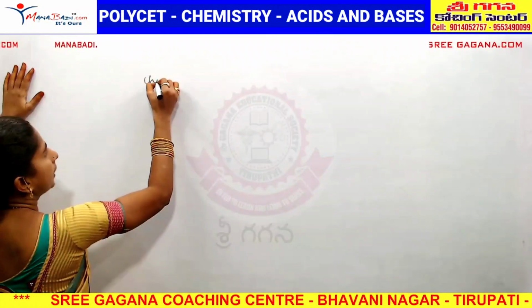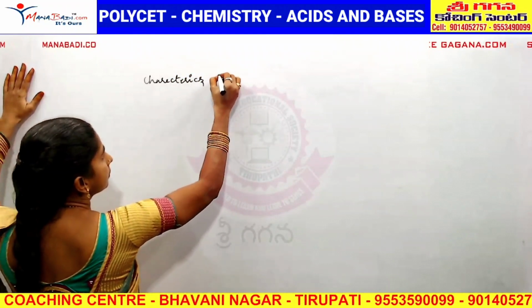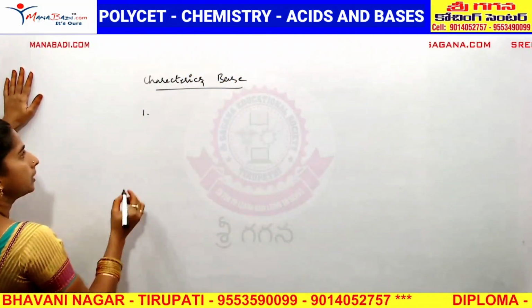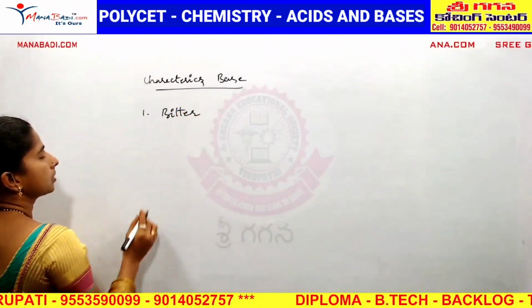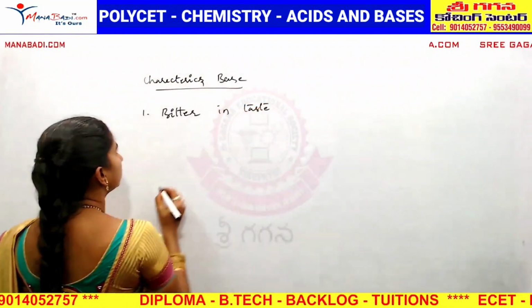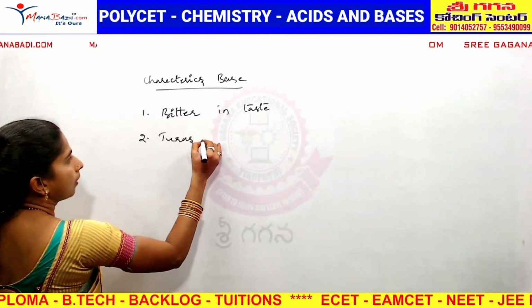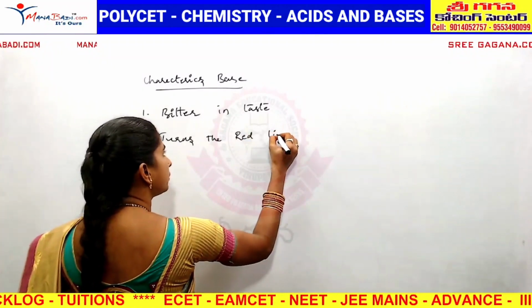Characteristics of bases. Bases are bitter in taste. Acids are sour in taste. Bases turn red litmus to blue, while acids turn blue litmus to red.